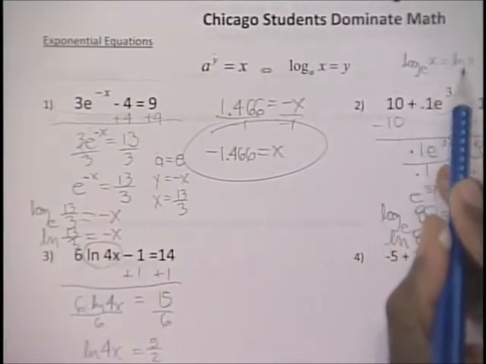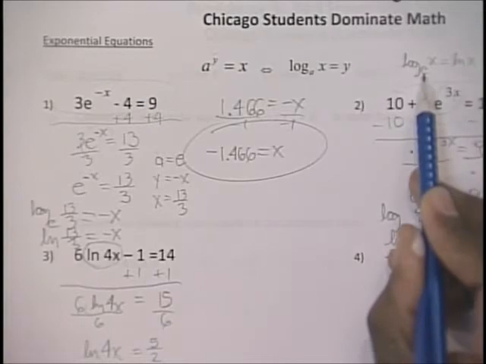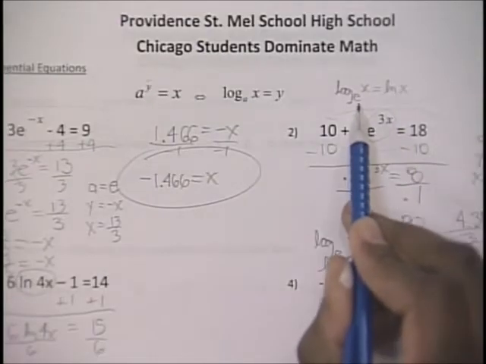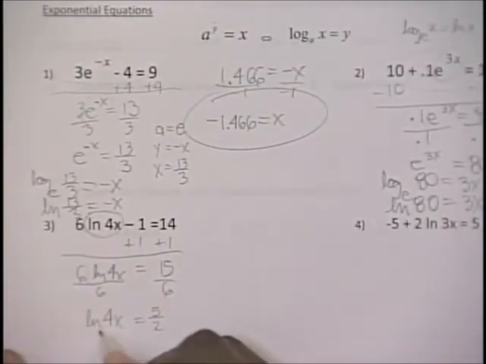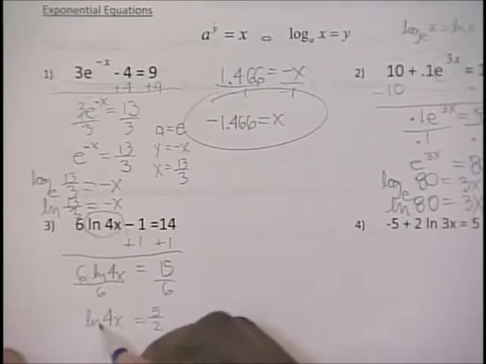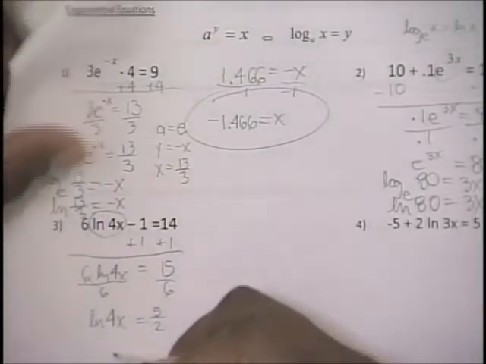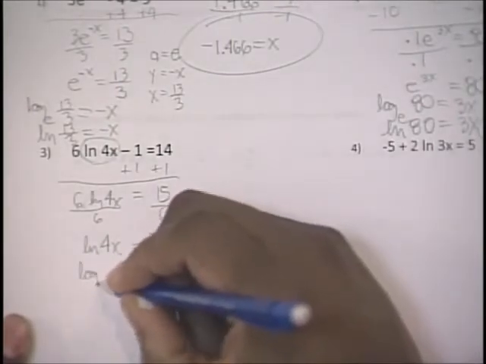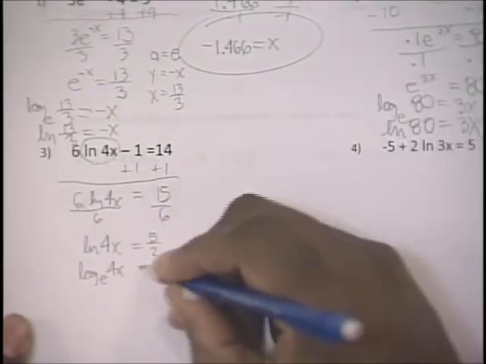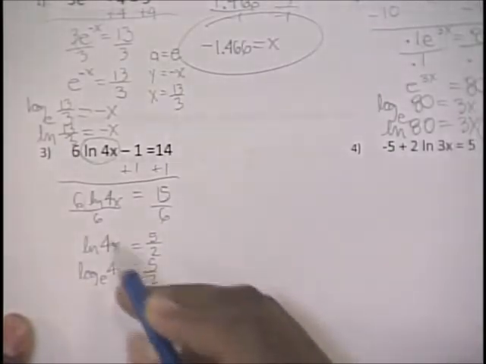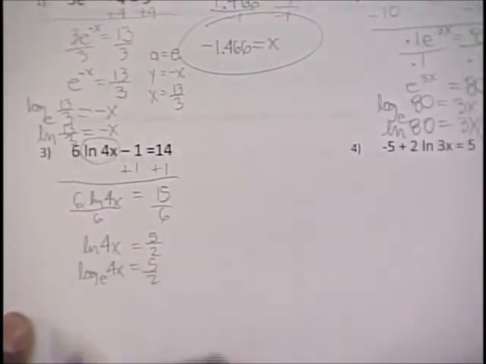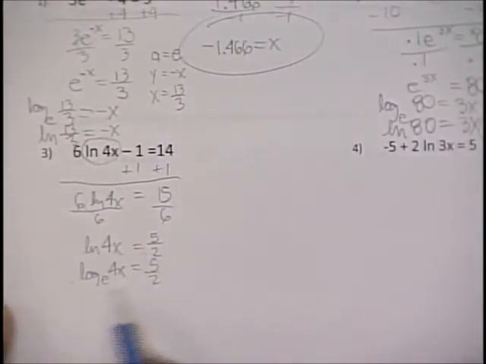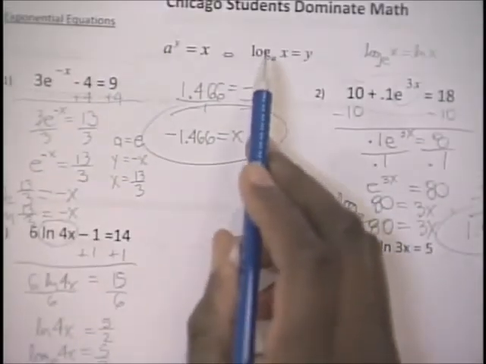When you have the natural log, the base is e. So another way of writing this is log base e of 4x is 5 over 2. It's the same statement. The only way to solve this is with an exponential equation.